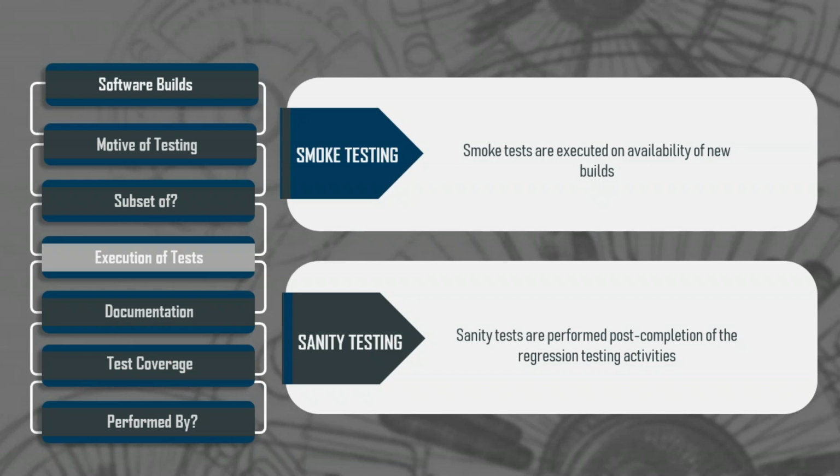If not, they pass for further rounds of testing, let's say regression testing. Now, if that build has successfully completed all kinds of regression tests, it's passed on to sanity testing to check if the bugs are fixed properly or not. So basically, smoke testing is executed whenever new builds are available, whereas sanity testing is executed on the builds that come after a few rounds of regression testing.